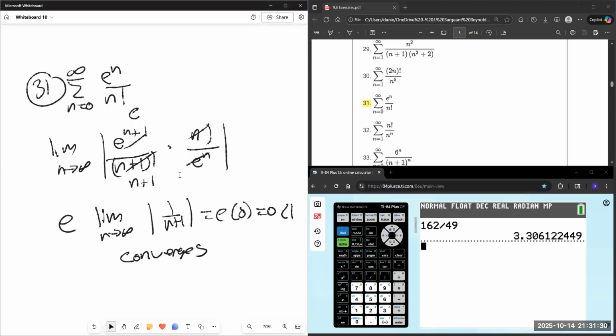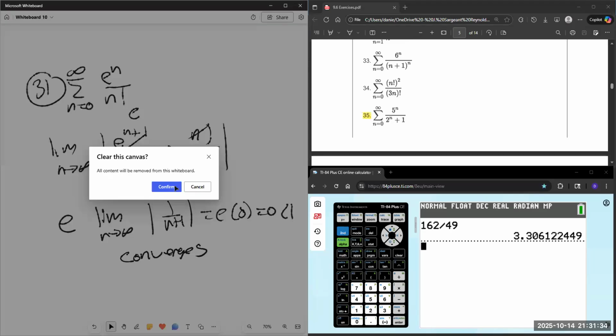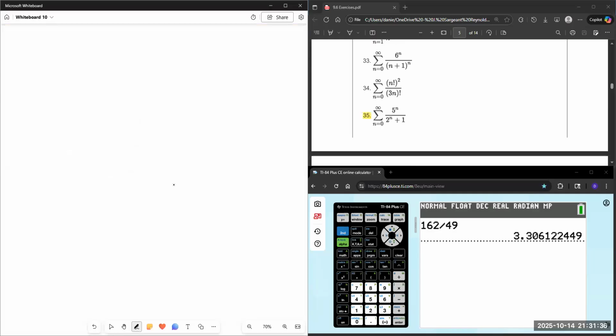Let's look at 35. Summation from n equals 0 to infinity, 5 to the n over 2 to the n plus 1.